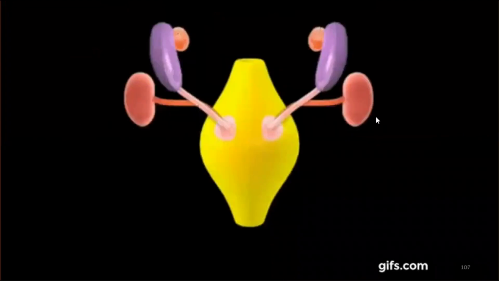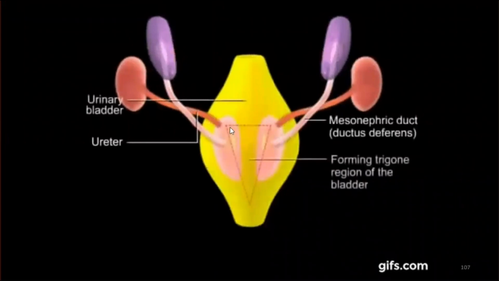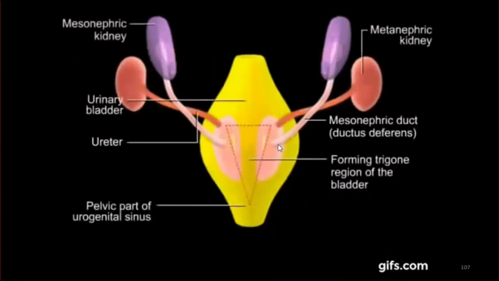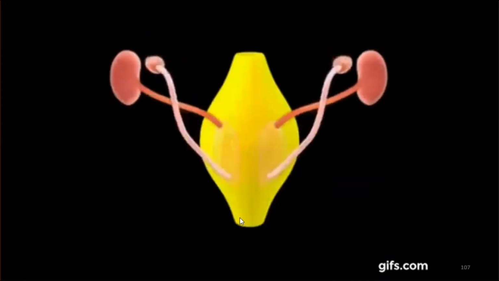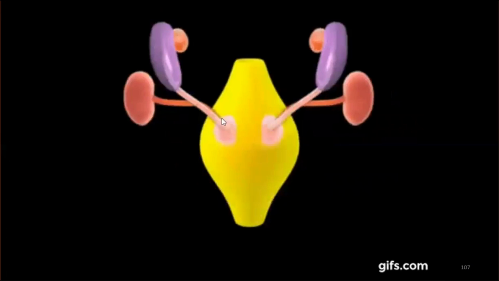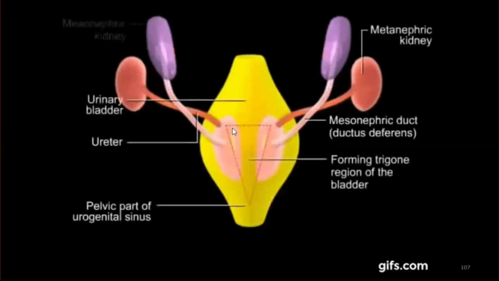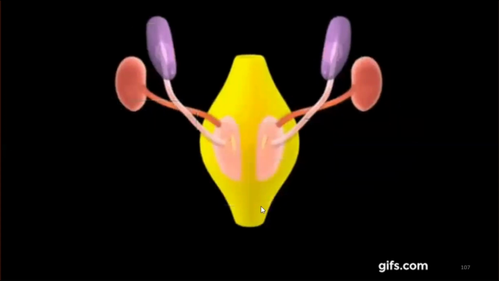And here we can see kidneys, testes, and here we can see ureters and mesonephric ducts. It will be the ductus deferens, and those ducts are moving deeper. They are moving to the urethra. And here we can see the ureters. They are moving upper. And we can see the trigone region or triangle of the urinary bladder.